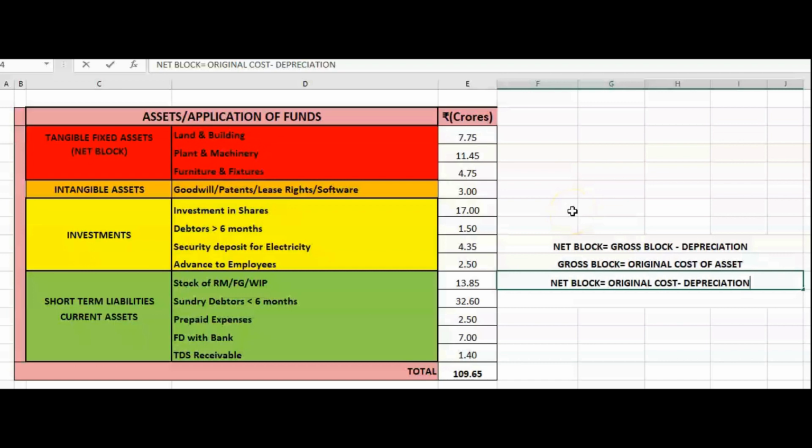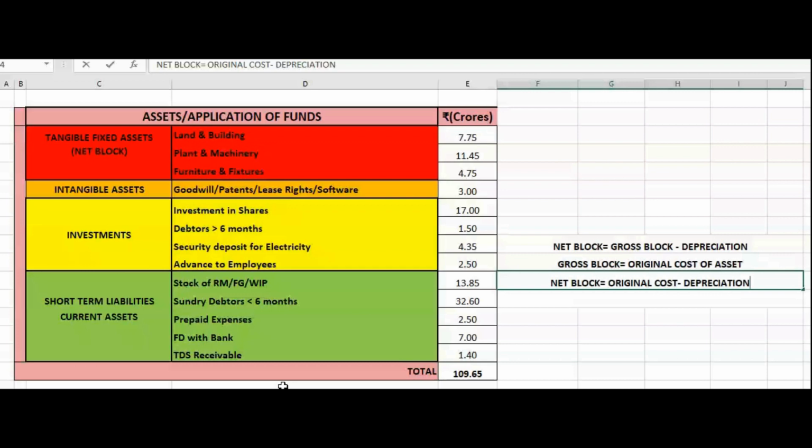Therefore, their value is reduced proportionately every year from the profit and loss account so that the balance sheet reflects a true picture. Such reduction for each asset is accumulated every year in a fund called the depreciation fund. And this depreciation fund is utilized to replace each asset after its working life with a new and advanced asset. Now, this is the concept of depreciation.